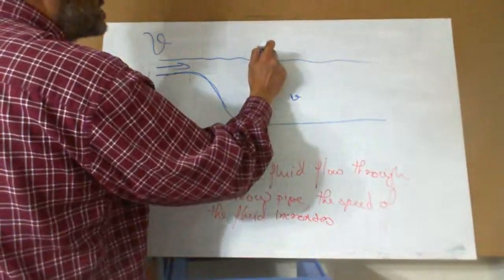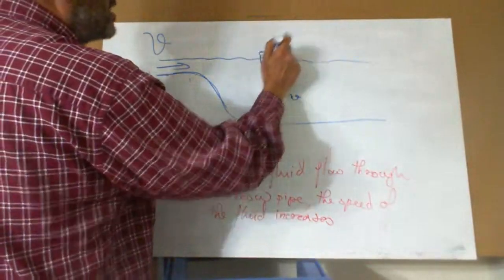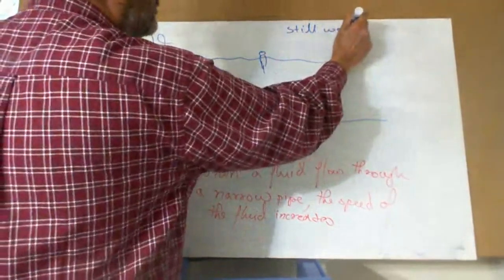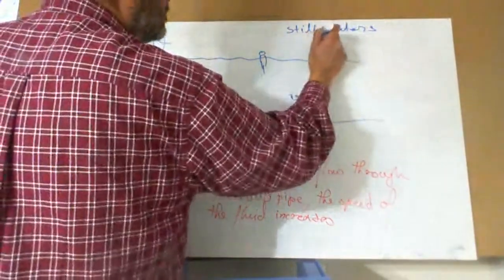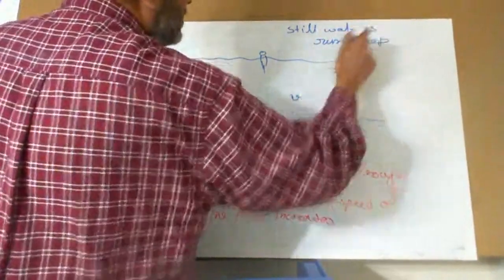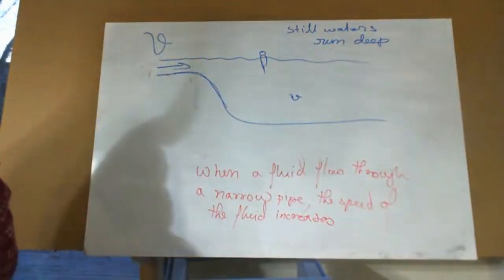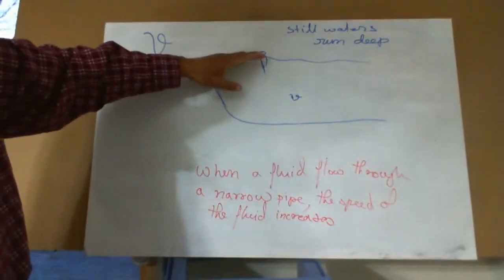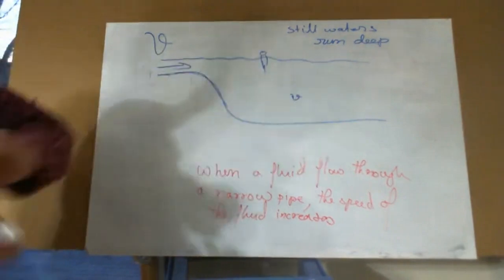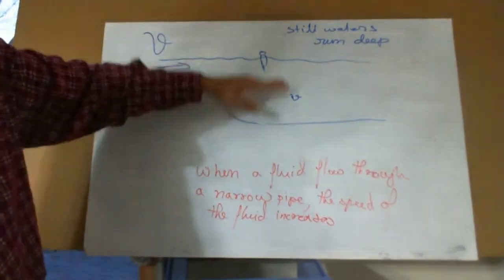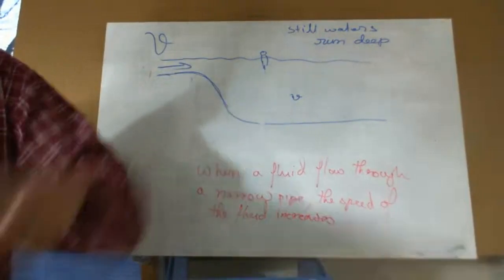So they have a saying, still waters run deep. Whenever things appear calm, if you're swimming, things are not flowing past you at high speed. It means that it's deeper.